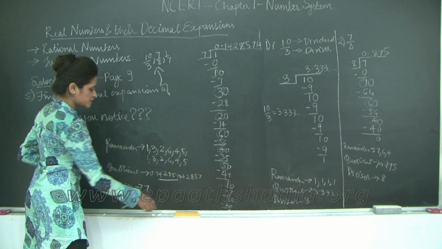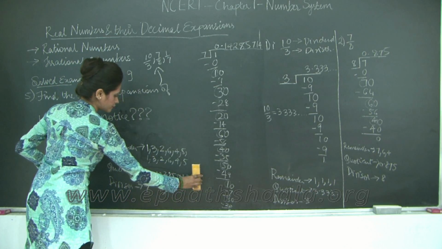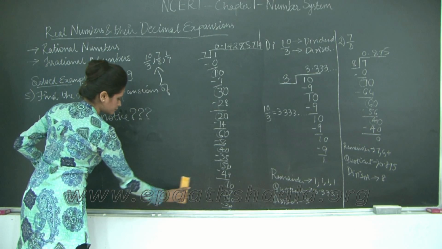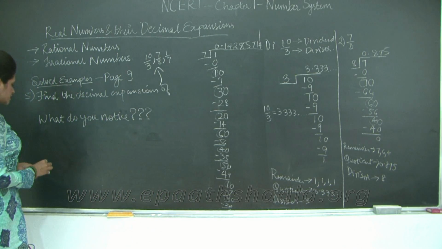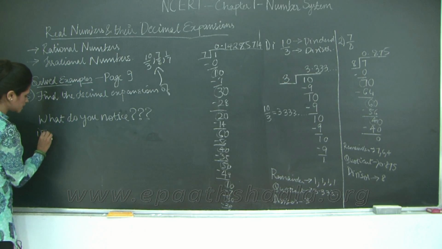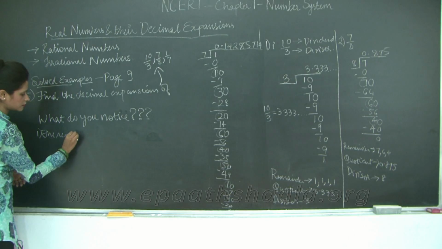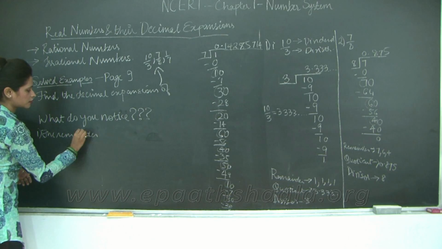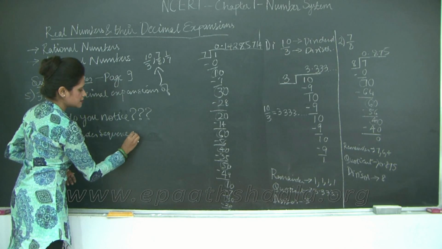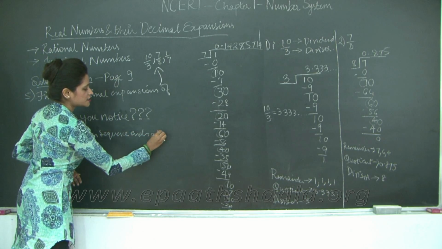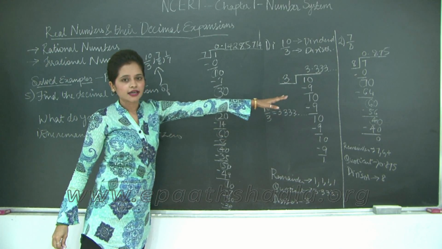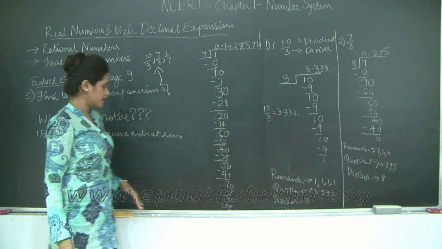So my general observation is, I'm just erasing this portion. What do you notice? The remainder sequence ends at 0, right? Take a look at 7 divided by 8 or 7 upon 8, okay?